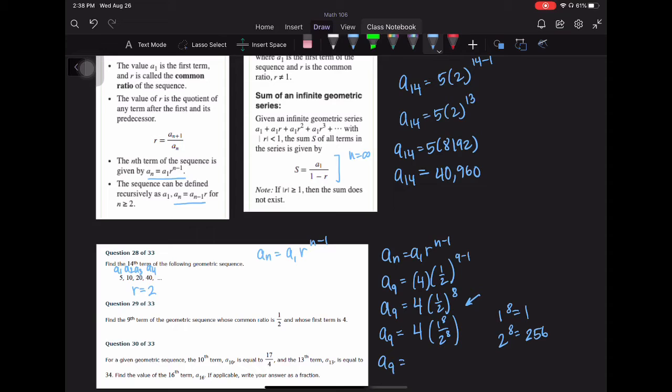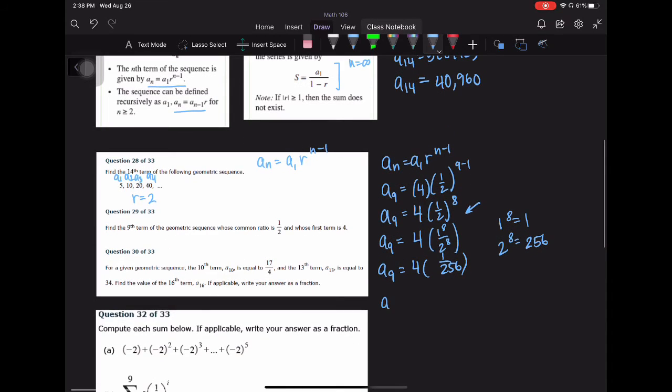The 9th term of a is 4 times 1 over 256. And then reducing 256 by 4, we get 1 over 64. And typically when your problem starts in a fraction, you want to leave your answer as a fraction.